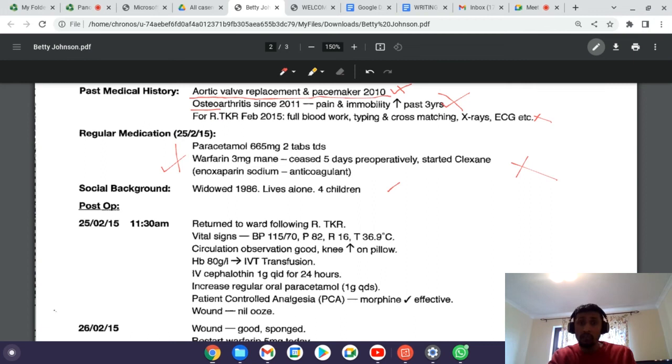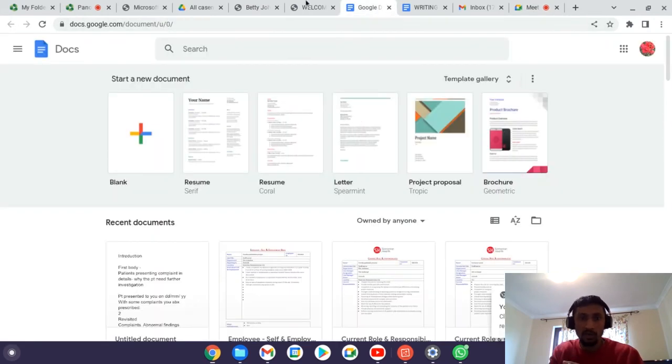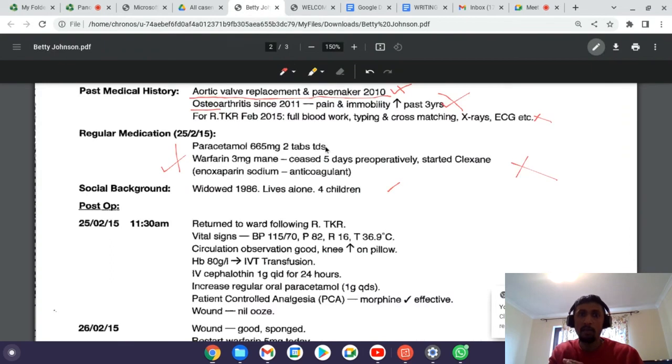Even for right TKR February 2015, full blood work, typing, all that from the GP side they had done. So that's not at all important. Only important thing is this, but see the date.